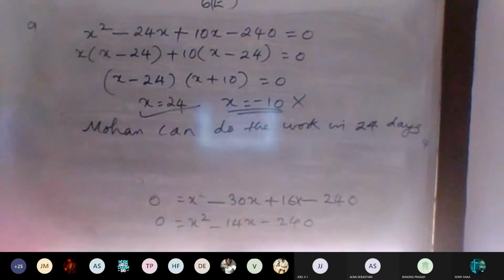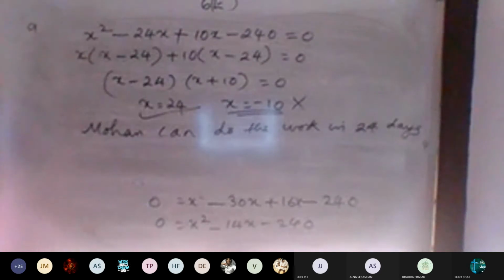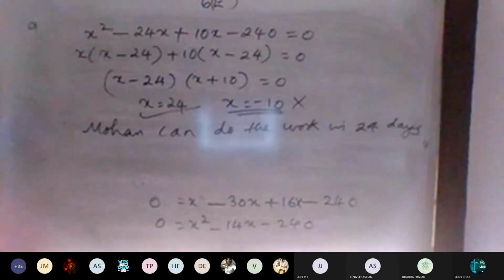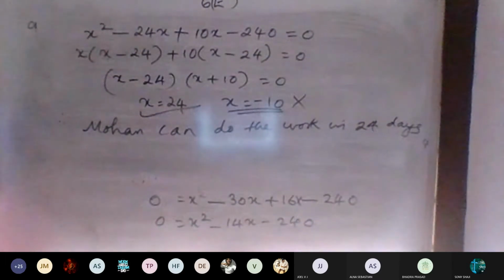Questions 12 and 13 you can do on your own, just try it. Then the 14th question is a different 2-digit number problem, with ones and tens digits, which we have already discussed in 6D. In a 2-digit number, the tens digit is bigger.